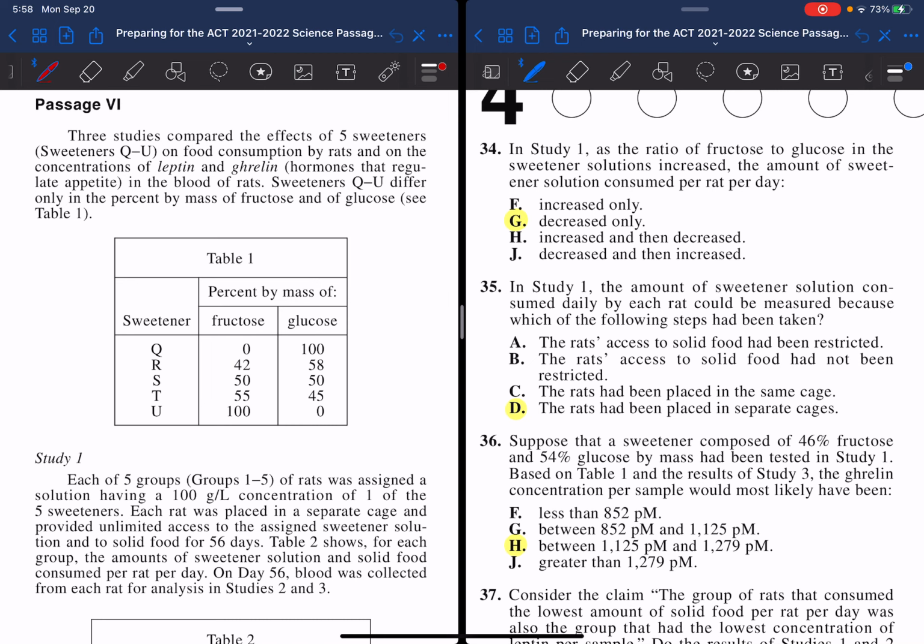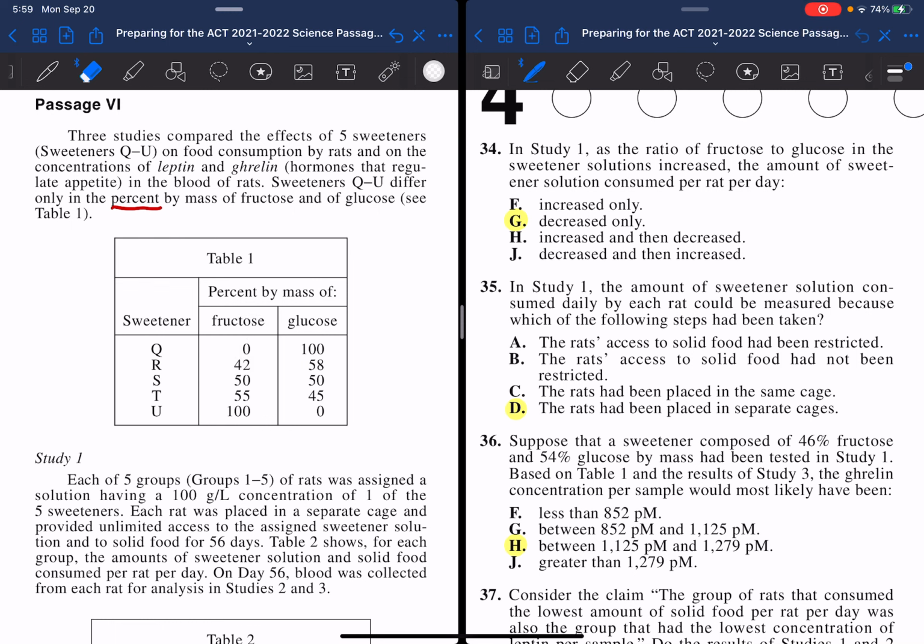So, some preliminaries. For passage 6, we've got 3 studies that are comparing the effects of 5 sweeteners, and we've labeled them Q, R, S, T, and U. In this table, they differ by their percent of mass of fructose and glucose. So all of these are actual percentages, not actual numbers.